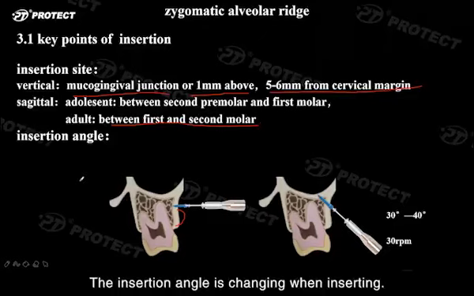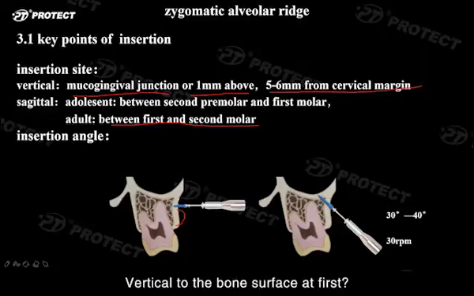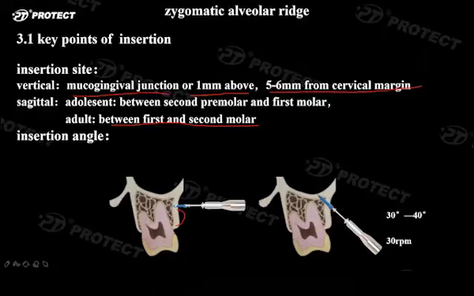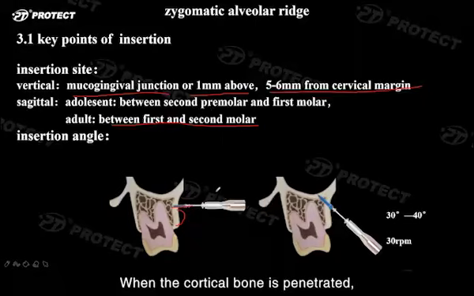The insertion angle is changing when inserting. Vertical to the bone surface at first. When the cortical bone is penetrated, the angle is changed.